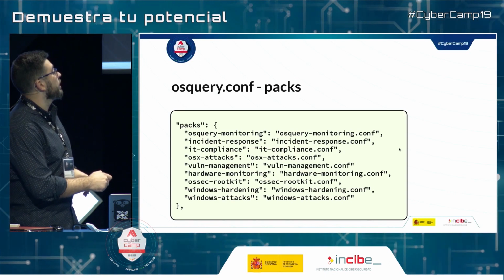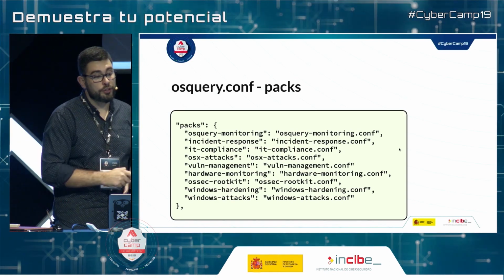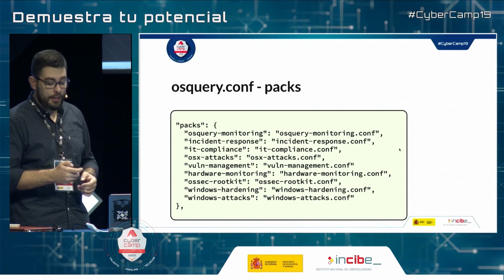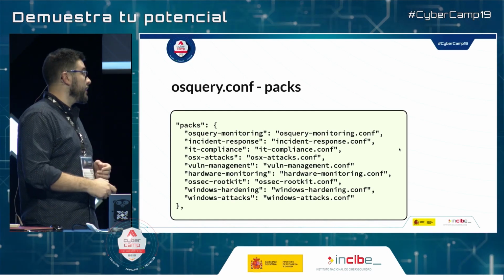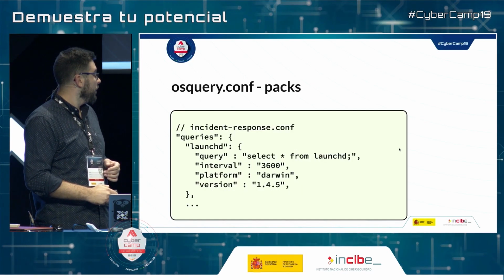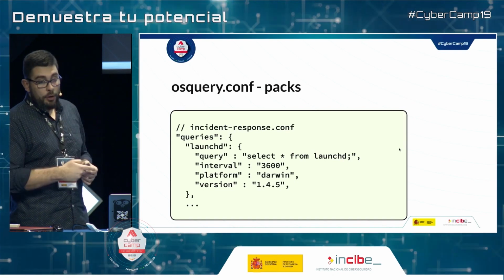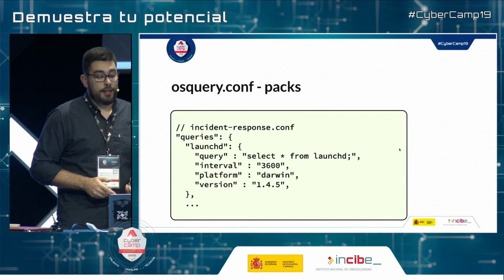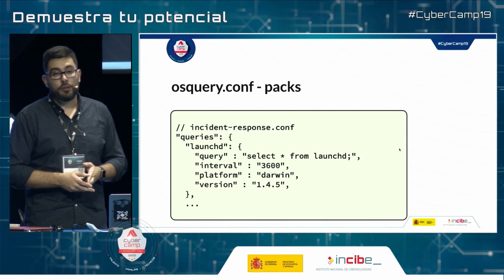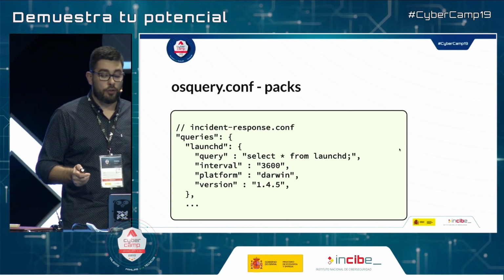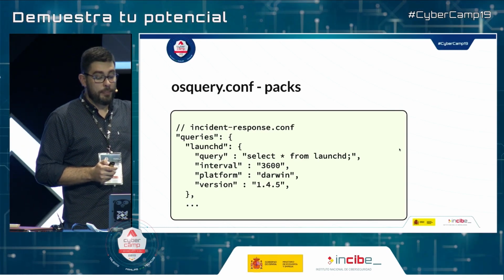So if you look for these files, for example, attacks.conf, if you look for that in the machine, you will see that you've got different queries, and otherwise you can see it in the repository on GitHub. And the same thing that I have mentioned for schedule goes for the packs format.